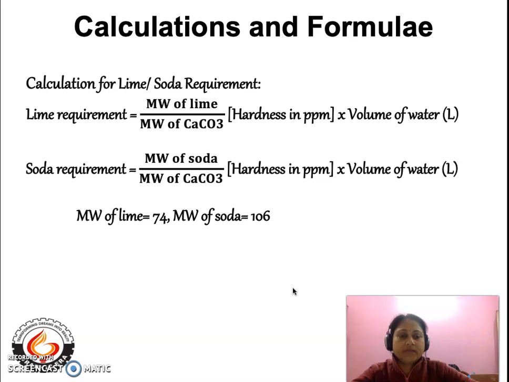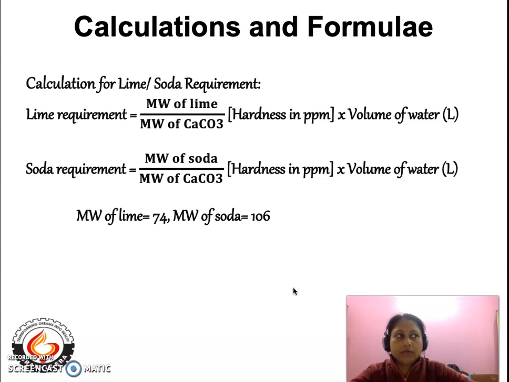So that means we require 1 mole of lime and 1 mole of soda. Whereas in the case of calcium ions, when calcium ions are present in our water, that means in the form of calcium chloride or calcium sulfate, we require only 1 mole of soda. We do not require 1 mole of lime for the complete elimination of the calcium ions.